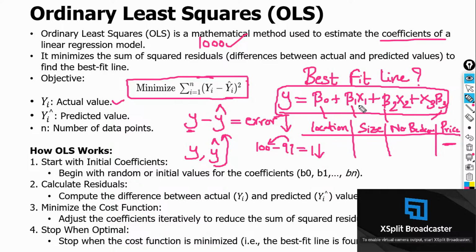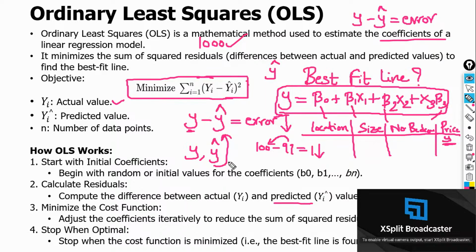So you have beta naught, beta 1, beta 2, beta 3. When you multiply and add all these values, you'll get y cap. The y cap is called the predicted value. This equation is giving me the predicted value. I also have y. So calculate the difference, y minus y cap. This is called error, also called residue.